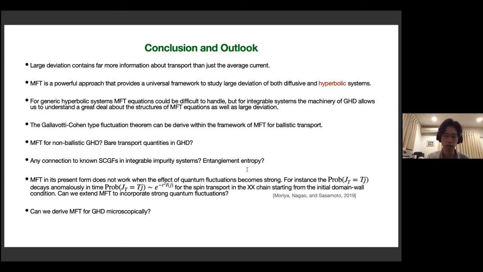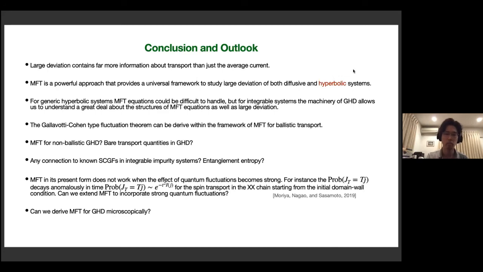That seems to really change the properties of transport, as was discovered in this work. So it would be nice to extend the machinery of MFT to incorporate these quantum fluctuations, but that seems to be going a bit beyond the conventional MFT. So that will be future work. Okay, let's stop here, and thank you very much for your attention.